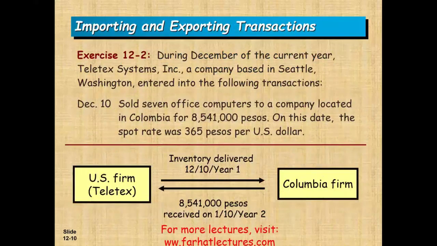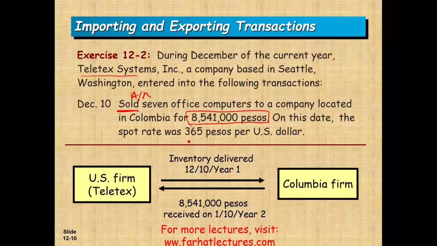So let's take a look at an example to see what we are doing here. During December of the current year, Teletax System, a company based in Seattle, entered into the following transaction. Sold, so we're going to have a receivable, 7 office computers to a company located in Colombia for 8,541,000 pesos.